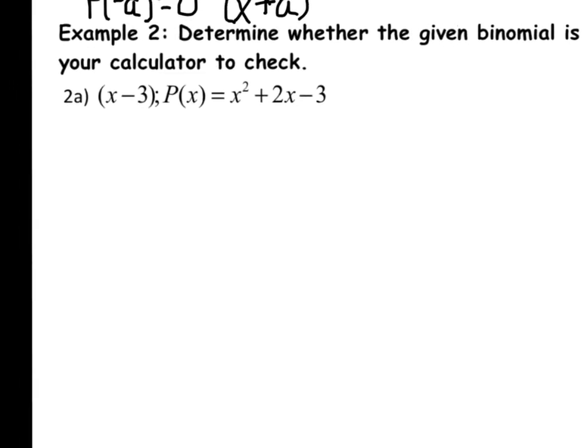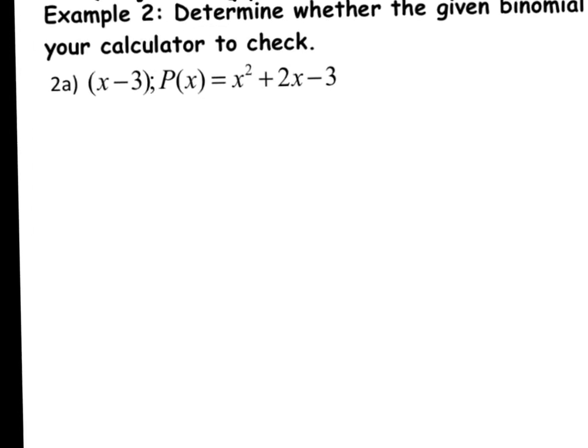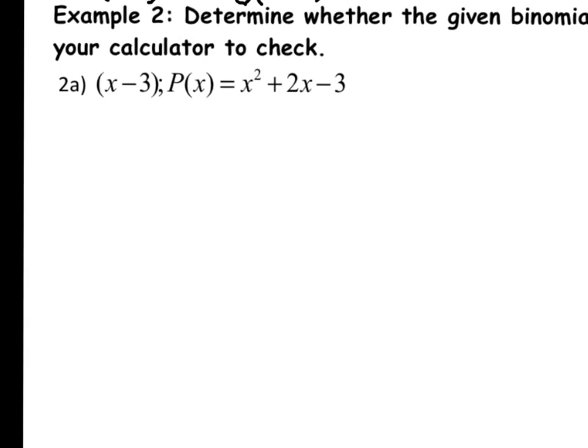We're trying to figure out if the factor they give us divides evenly into the polynomial they give us. So if I asked you, does 5 go into 12? Well, no, because 12 divided by 5 is a decimal, right? But if I asked you, is 3 a factor of 12?